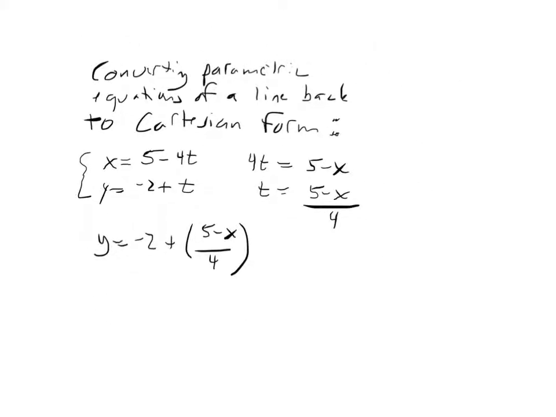To simplify that, first I might multiply both sides by 4 just to clear out the denominator, or I could go ahead and write this as y equals 5/4 minus x/4 minus 2. And note that when I combine these two constants together, I'm going to get the equation of a line with a slope of -1/4.